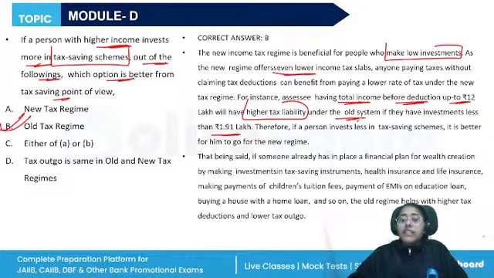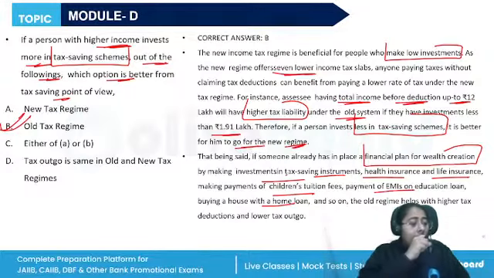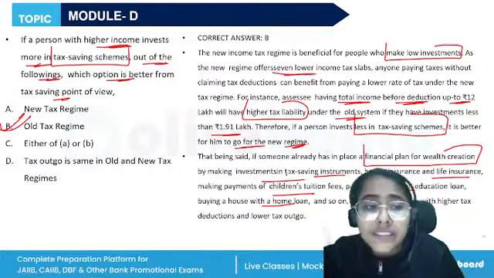So if a person invests in fewer tax saving schemes, it is better for them to go for the new regime. However, if that individual already has in place a financial plan for wealth creation by making investments in the tax saving instruments, health insurance, life insurance, making payments for the children's tuition fees or EMIs, buying a house, and so on, this means that they are investing in the tax saving schemes.